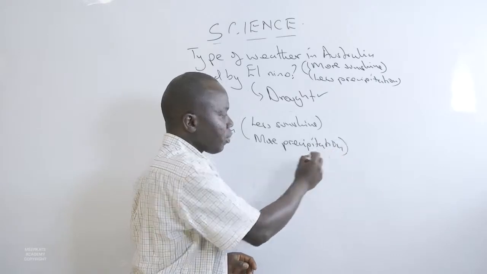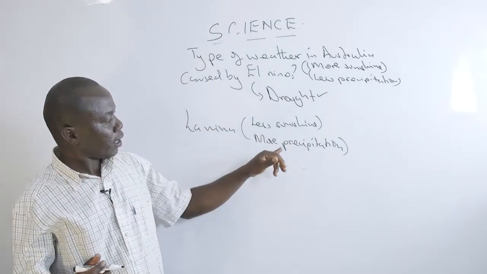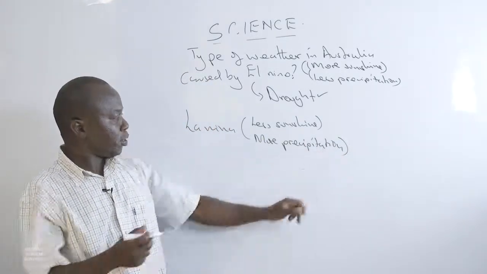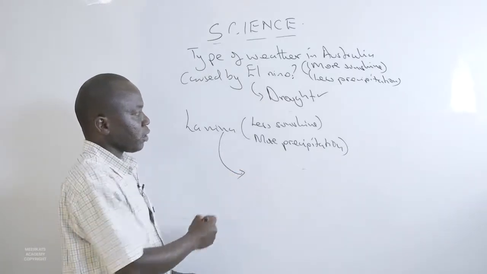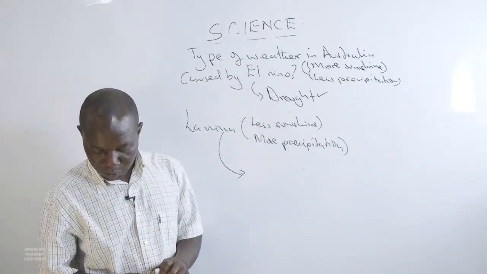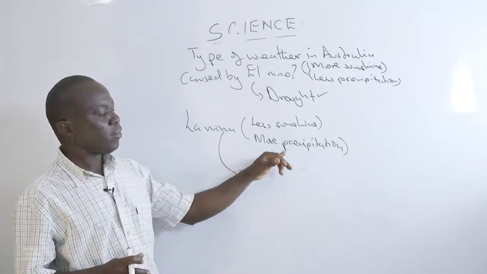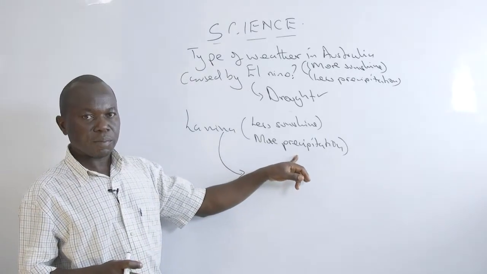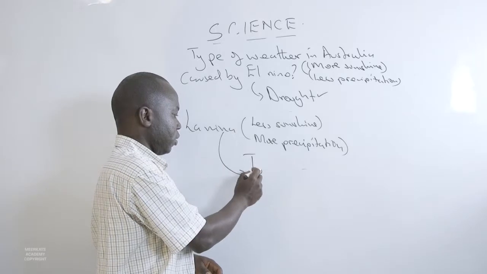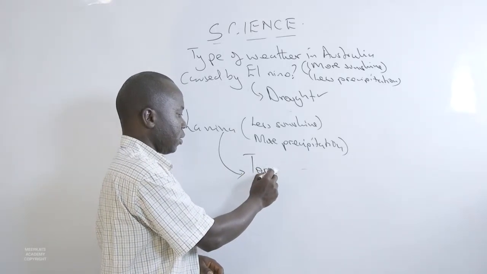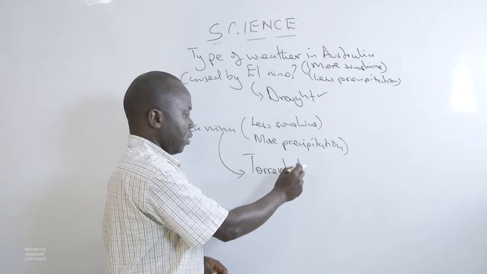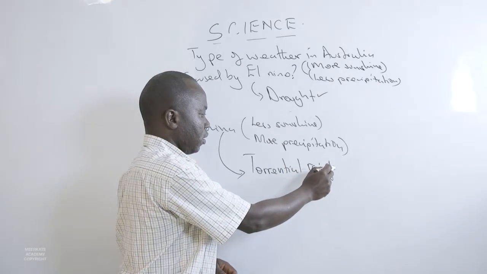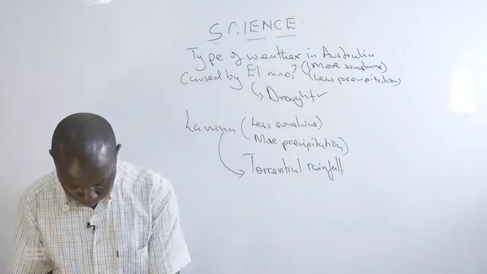So during this period, we have less sunshine and more precipitation. The effects of this will be the opposite of drought. We are going to have torrential rainfall most of the period.